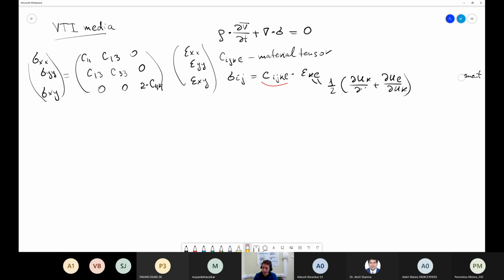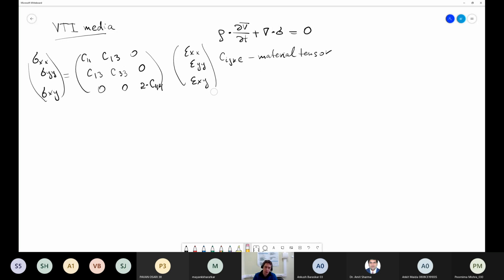of the equation. For example, if you have two geological layers like sandstone and maybe carbonates, of course both of them have different p wave velocity, shear wave velocity, and density.